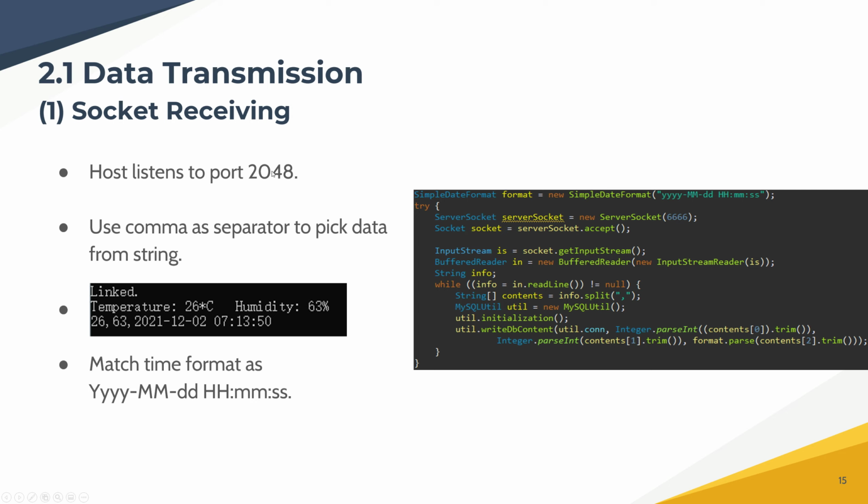The host is listening to port 2048, but you can see that in the screenshot it is 6666. For some weird reason, port 2048 was already occupied on my other computer, so we had to forcibly change the port number. Here we also use the comma as a separator to pick the data from the string, and we also need to match the time format.